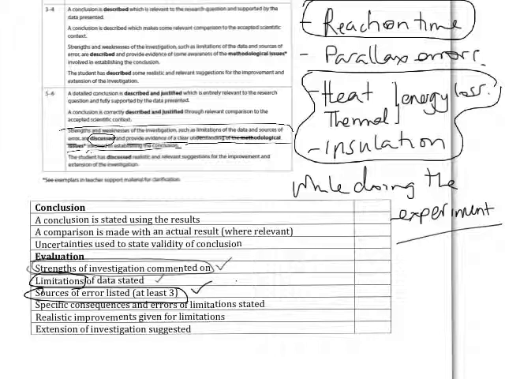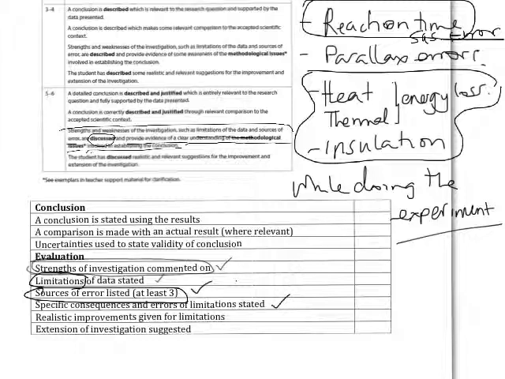Now, if you could then go on and explain what the consequences of each would be, then this would show, if you go back to the original mark scheme, clear understanding of the methodological issues involved in establishing the conclusion. So a reaction time, for example, would produce a systematic error, which you can see and read on your graph. It's the intercept.